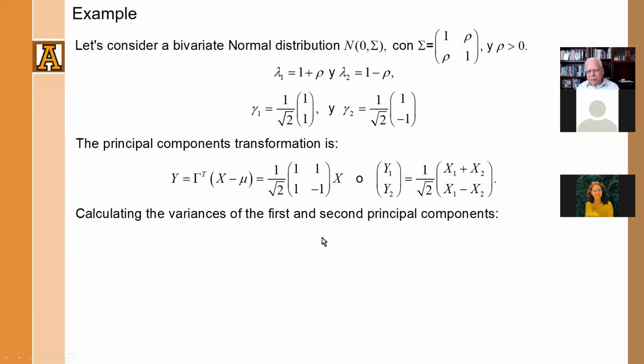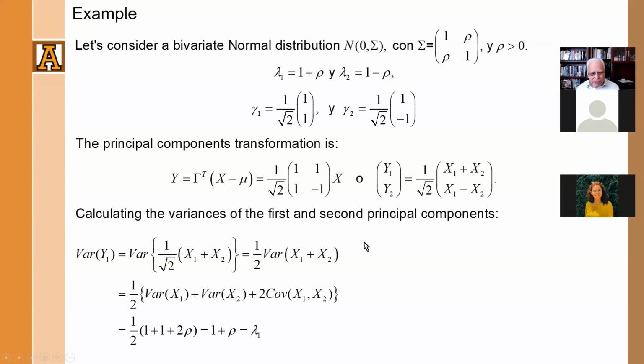Now let's verify, let's compute the variances for the first and second principal components. The variance of the first component is the variance of 1 over square root of 2 times x1 plus x2. That is 1/2, because the square of the constant goes out of the variance, times the variance of x1 plus x2.